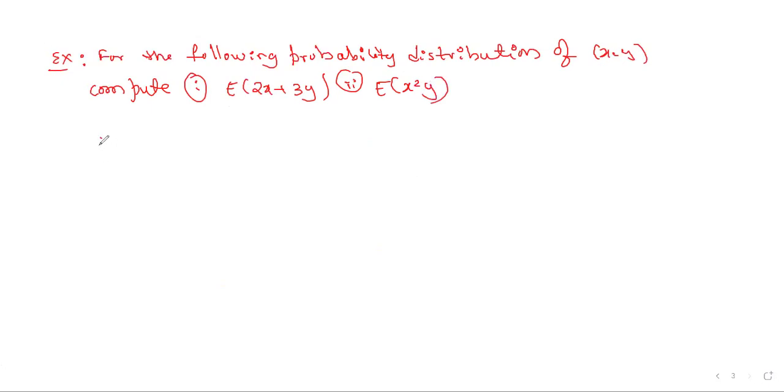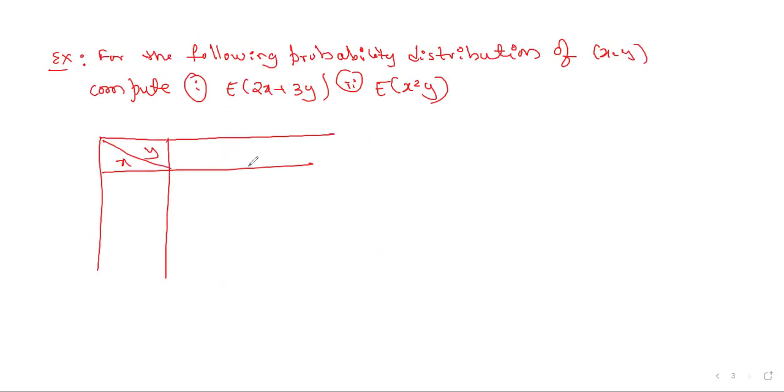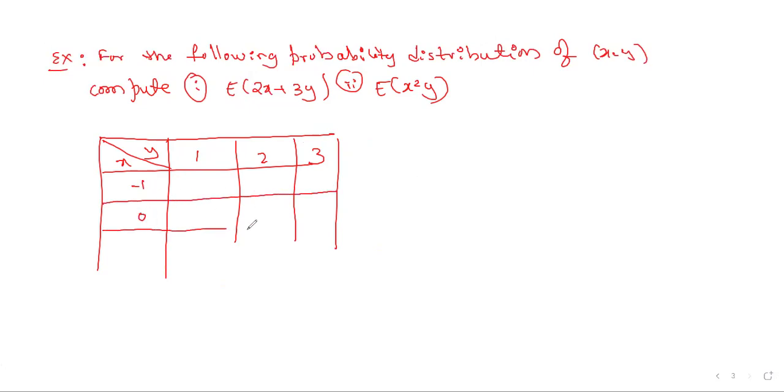So they have given x and y values. The y values are 1, 2, 3, and the x values are -1, 0, then 1.